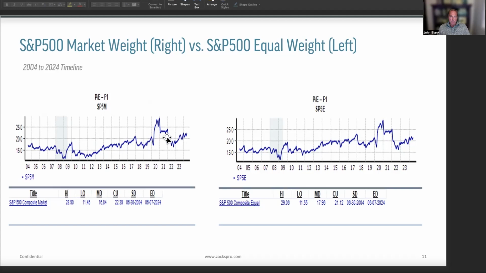Keep that in mind. If we get rid of the market weight effect of the mega caps, we still get a pretty overvalued market. But like I said, these are long-term trends that the Fed probably put in place, and I would not bet against the Fed. And the Fed is now what you need to think about in terms of its quantitative easing and the sheer trillions of assets it has put out there.